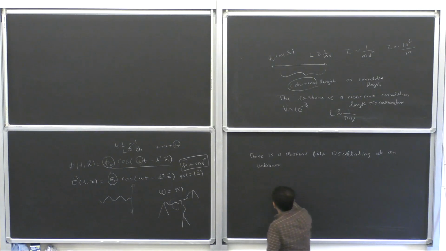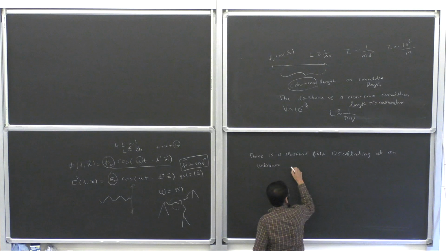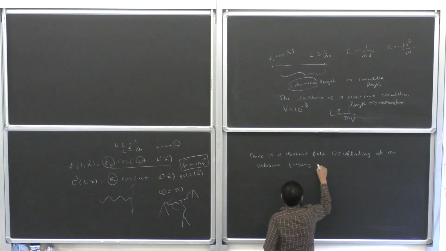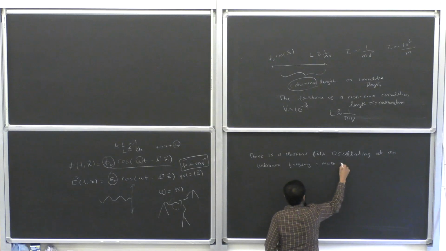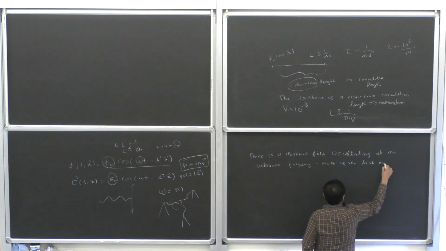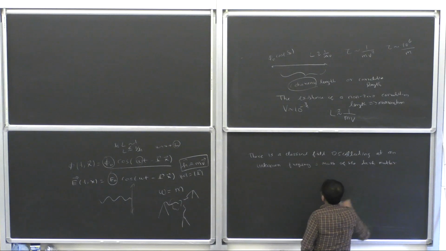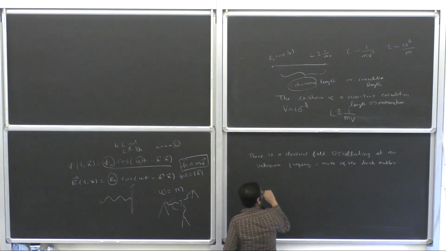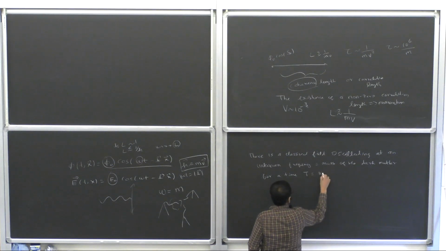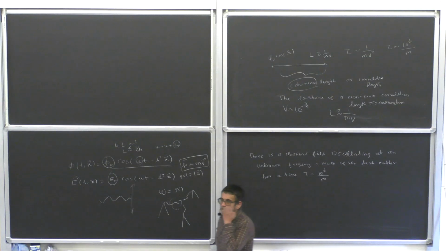That's the problem. So it's oscillating at an unknown frequency, which is equal to the mass of the dark matter, for a time t, which is 10 to the 6 times the period. So that's the problem we have to detect.